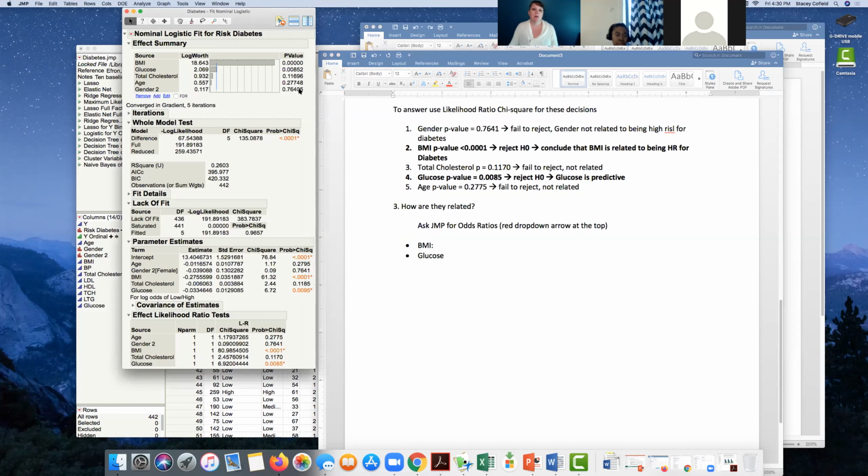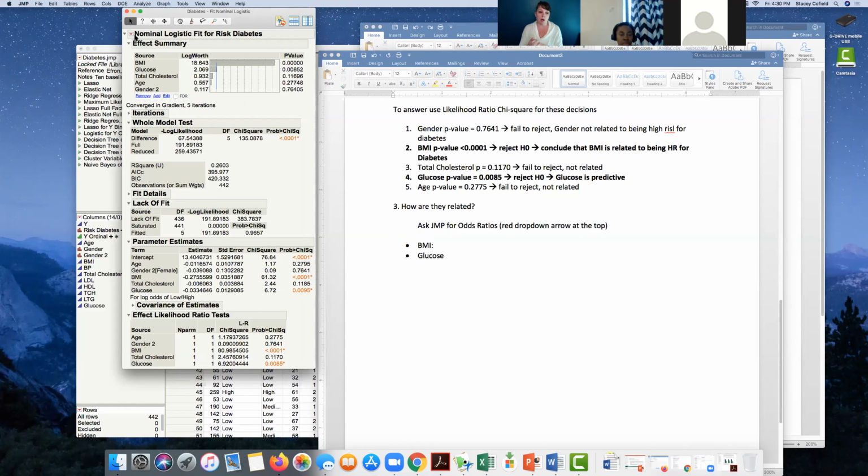Normally in a situation where we just had an unadjusted analysis with a continuous measure, we would say, oh, we know that the mean BMI for the low risk category is lower than the mean BMI for the high risk category. We report the means.